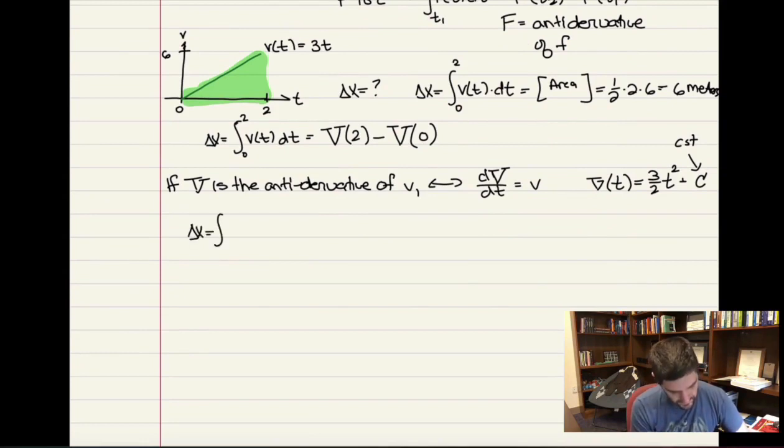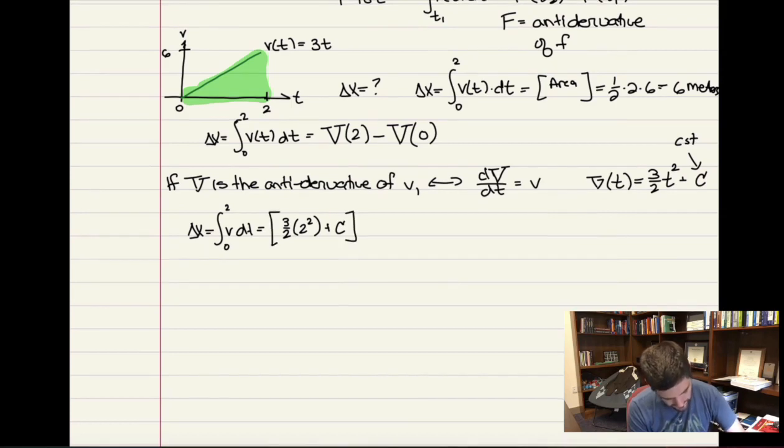So then I would say the displacement from 0 to 2 of v dt is the antiderivative evaluated at 2. So I would say it's 3/2 times 2 squared. And I'll keep the c just to show you that it cancels out. Minus the antiderivative evaluated at 0. So 3/2 times 0 squared plus c.